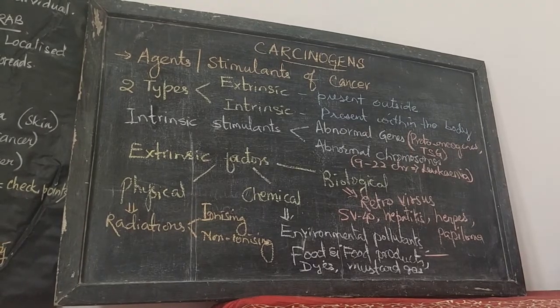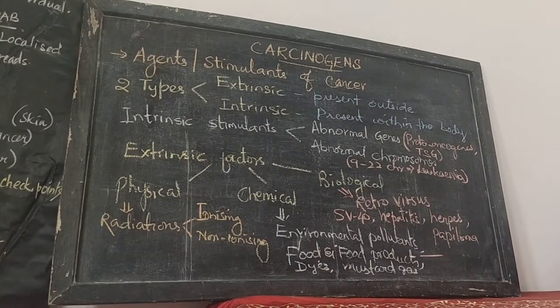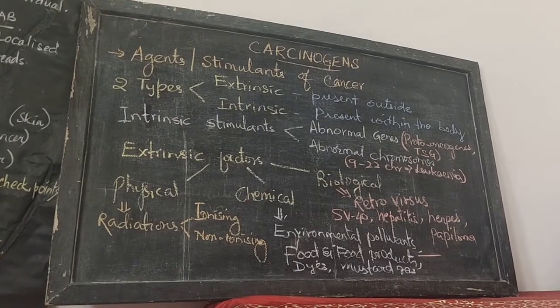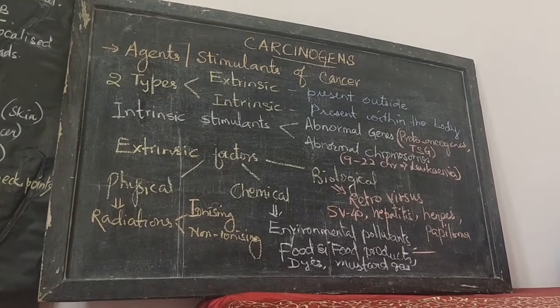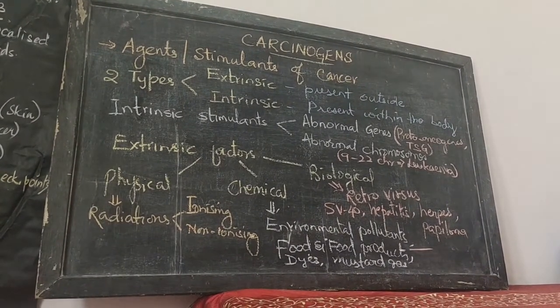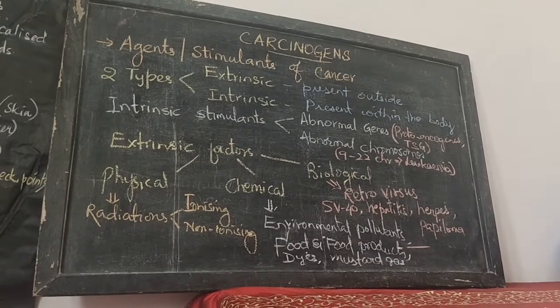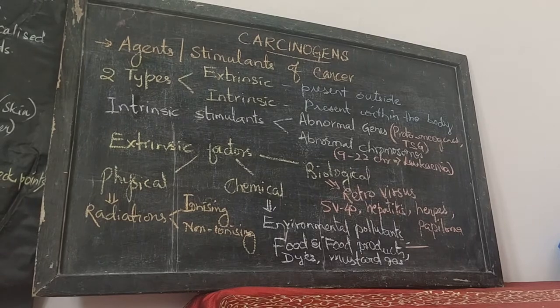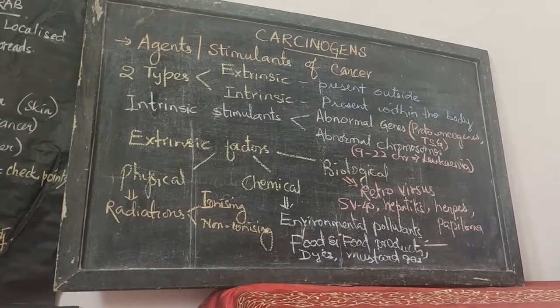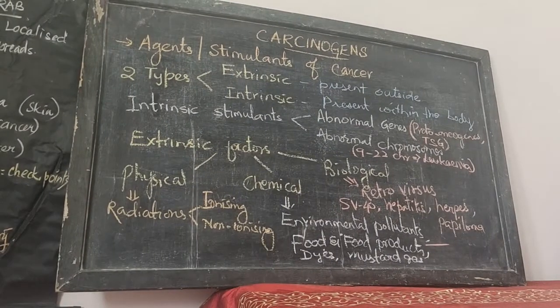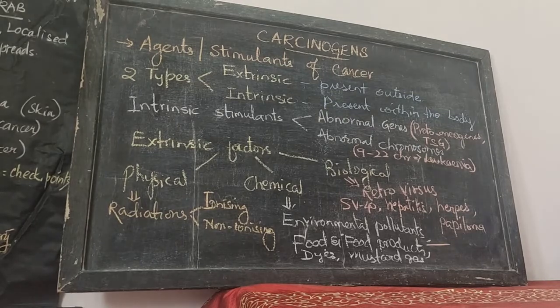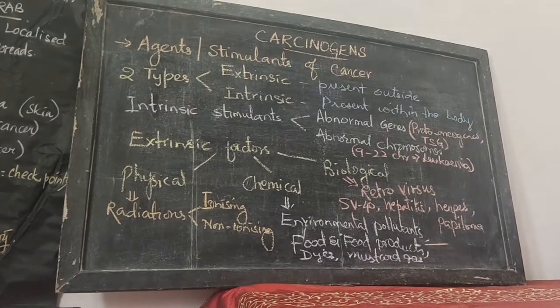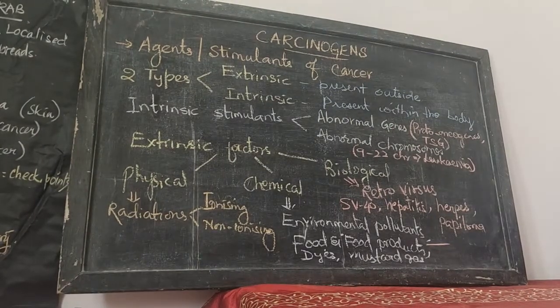The next example is smoking of cigarettes, which will lead to oral, lung, or throat cancers. We also find artificial dyes and sweeteners in sweet stalls, which will cause cancer through the food products, the coloring dyes.